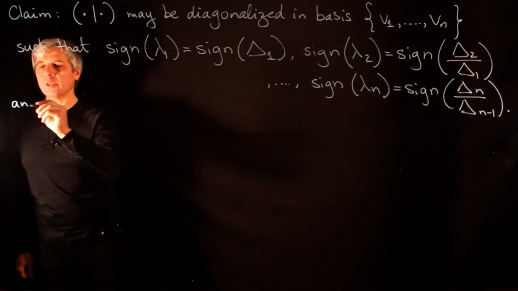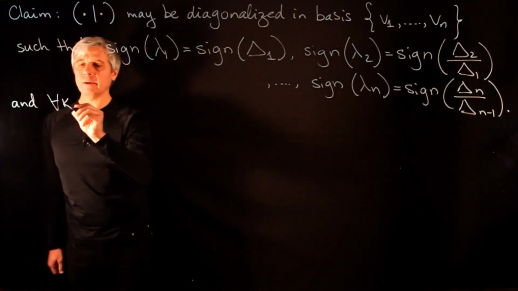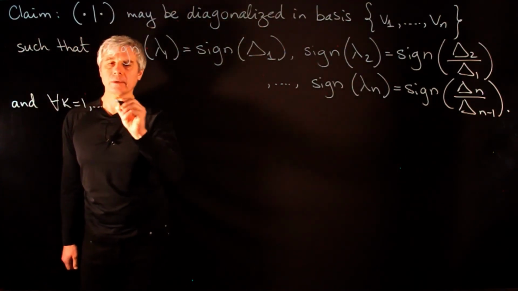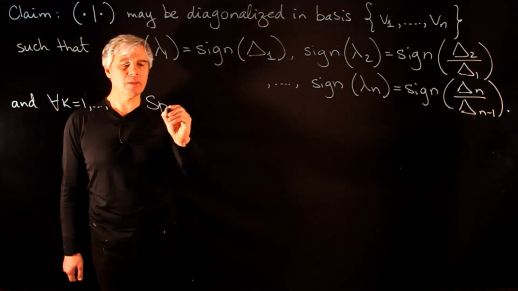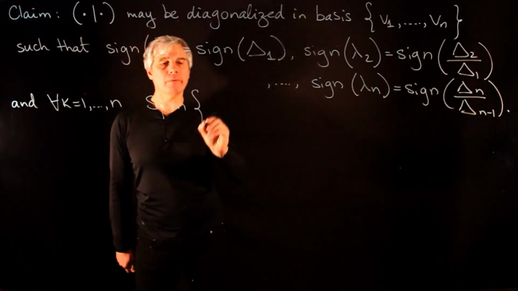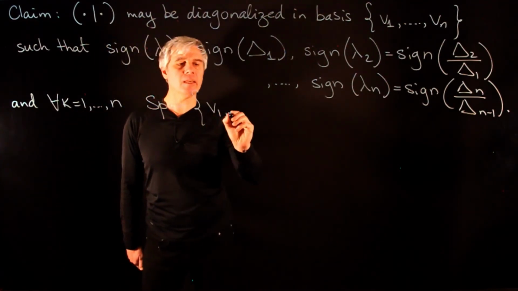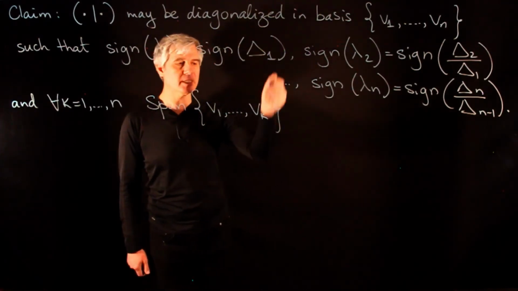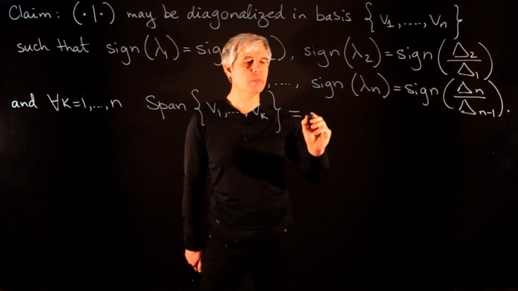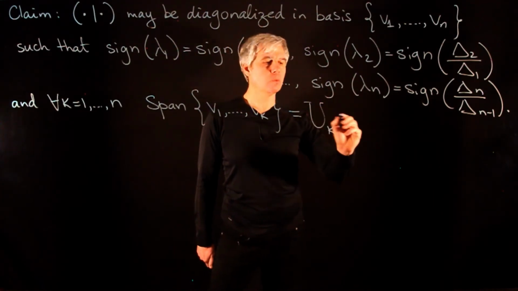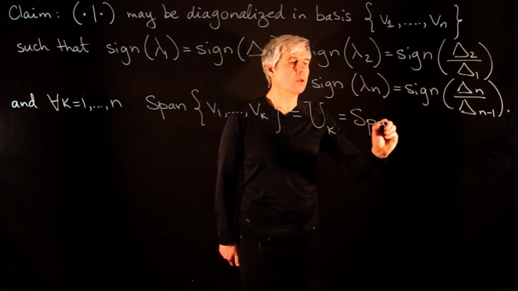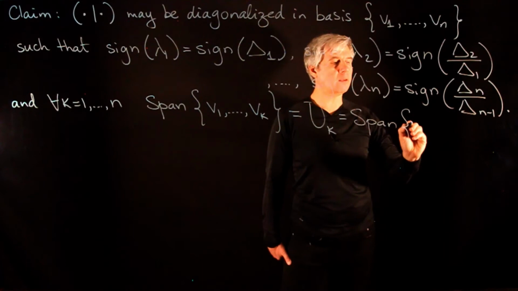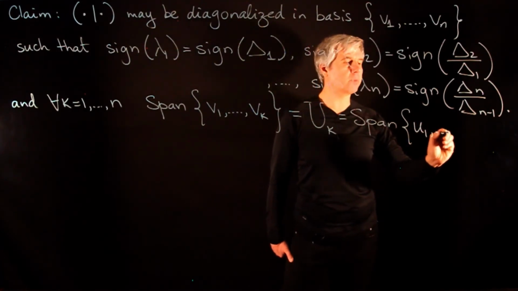And in addition to this, for every k from 1 to n, we have that the span of the first k new basis vectors in which the form is diagonal is the subspace uk, which was the span of the first k basis vectors in the original basis.